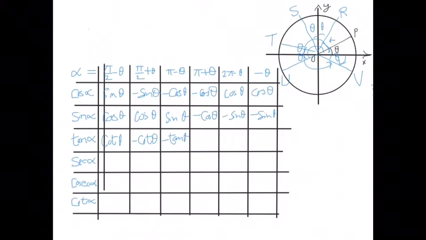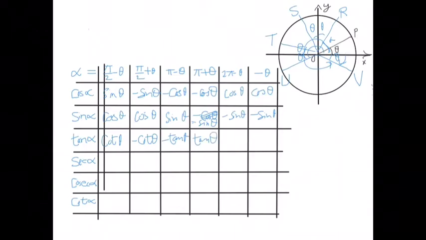Now, when alpha is equal to pi plus theta, here we made a mistake. I'll just correct that. Here, when alpha is equal to pi plus theta, sin alpha should have been minus sin theta and not minus cos alpha. So therefore, tan alpha here is equal to minus sin theta divided by minus cos theta, which is plus tan theta.